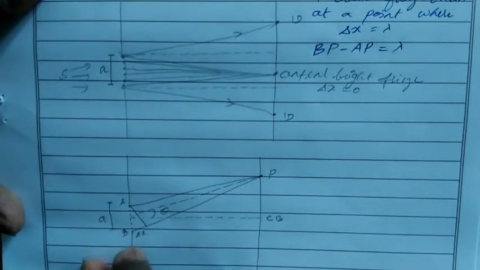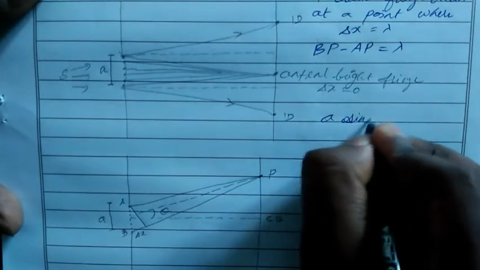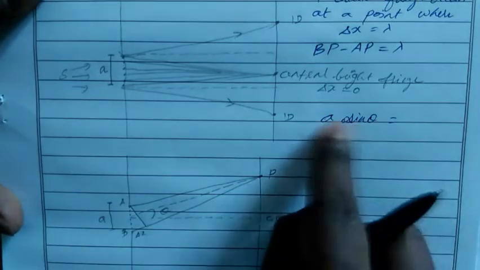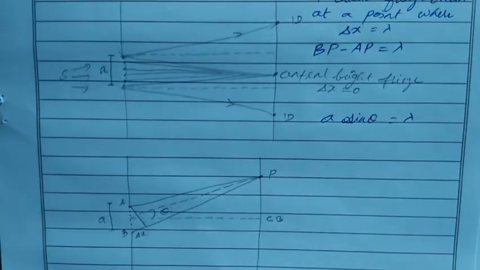What is the del x value? A sin theta. There we use d sin theta because we used d there. Here we have a, so we can take a sin theta equal to lambda. Remember the formula we used in every topic, d sin theta equal to lambda. Here we use a sin theta equal to lambda.